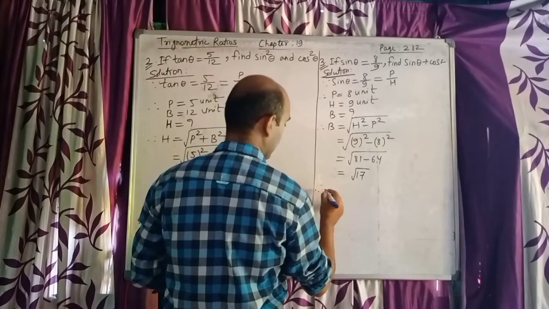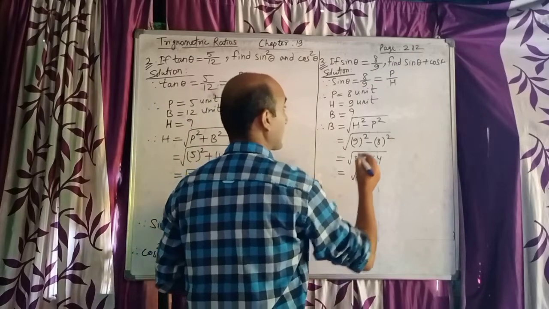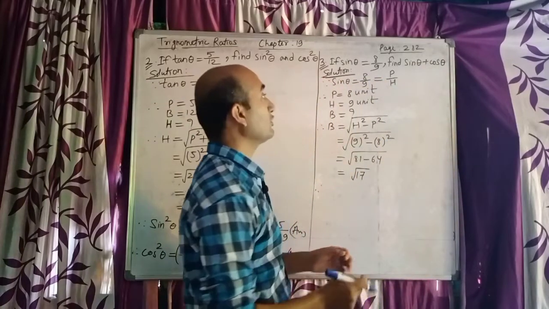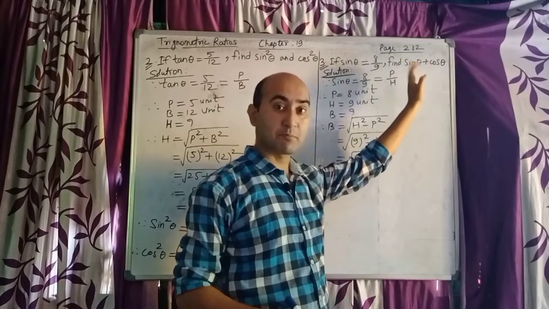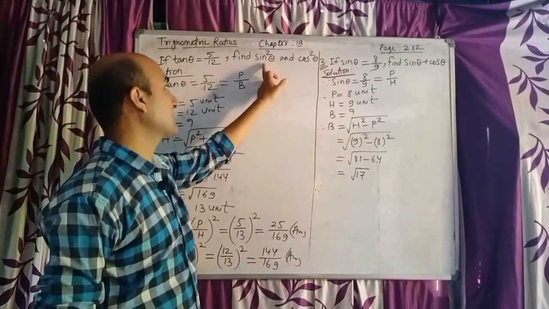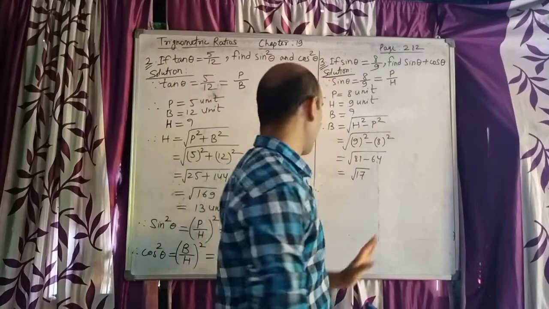Let us start to find the value of sin theta plus cos theta. Please don't forget, children, this time you need not find them separately. You have to find in a combined form. Here, earlier it was 'and', which means find separately. But here plus means find it in a combined way.